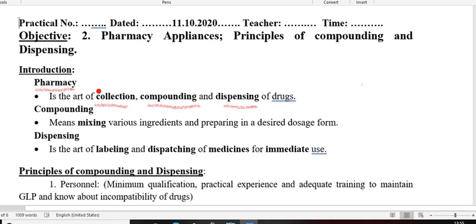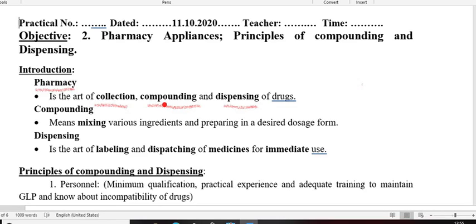These are the collection. So you know what is the meaning of collection? Collection means simply you are accumulating, you are collecting the items that are taking part in the pharmacy preparation. Means you are collecting the chemicals, the plants, the ingredients. That is called collection.